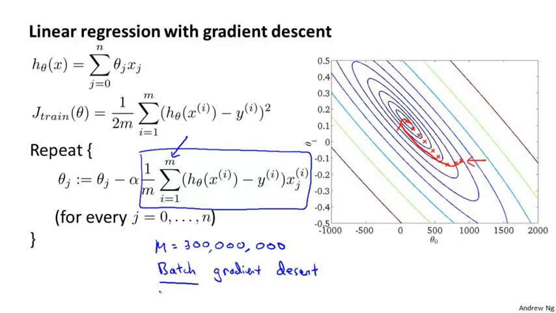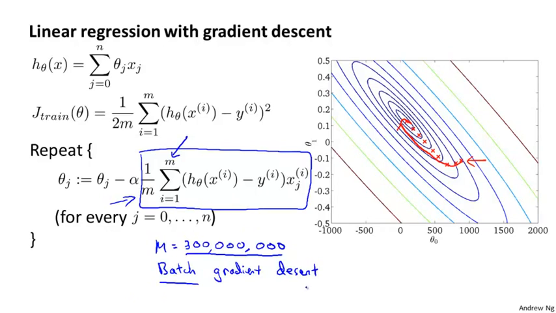And if you imagine that you have 300 million census records stored away on disk, the way this algorithm works is you need to read into your computer memory all 300 million records in order to compute this derivative term. You need to stream all of these records through the computer because you can't store all your records in computer memory. So you need to read through them and slowly accumulate the sum in order to compute the derivative.